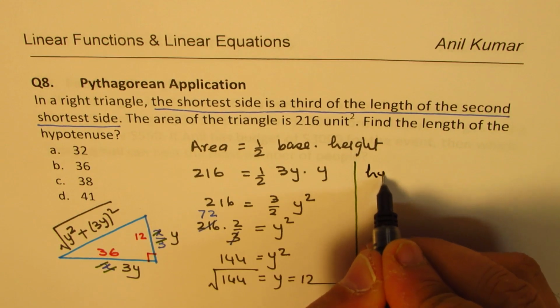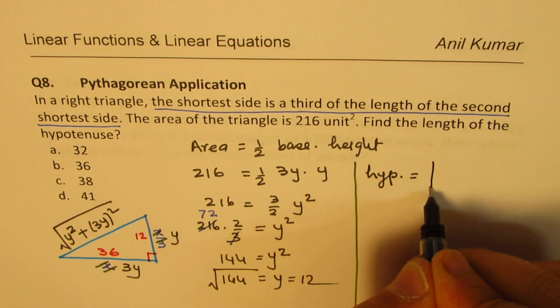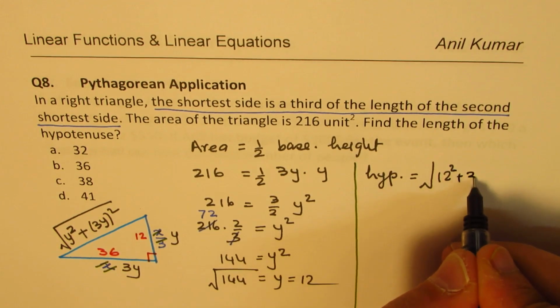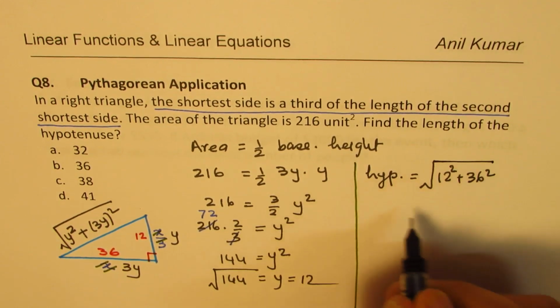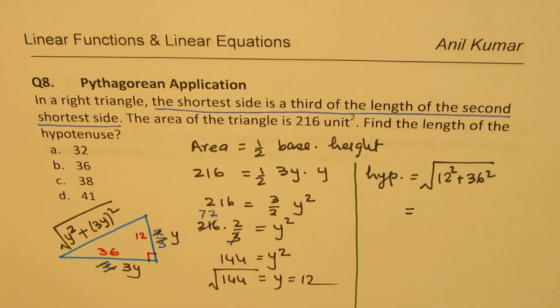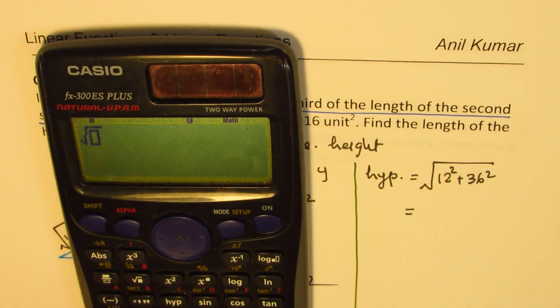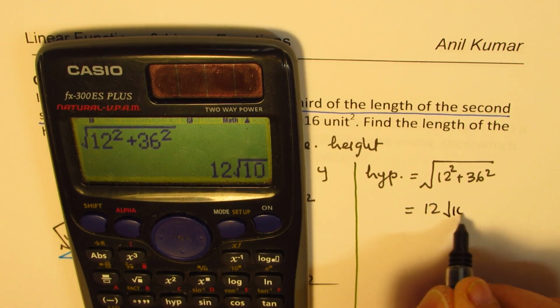So for me, hypotenuse will be equal to square root of 12 square plus 36 square, since we know what these sides are. So let's use our calculator and find the answer. So we have square root of 12 square plus 36 square, and that is equal to 12 square root 10.